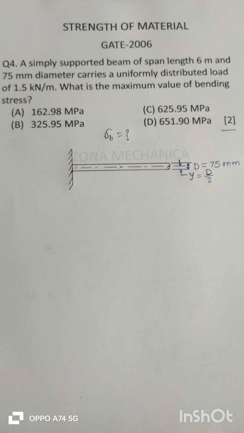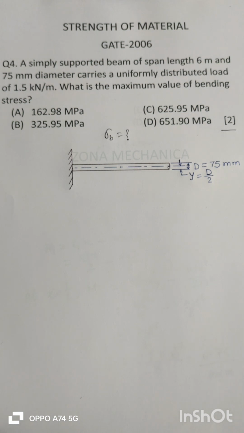There are four options. Actually, this is a common data type of question and linked answer type of question. The first question was regarding the maximum bending moment, and this is regarding the maximum bending stress.